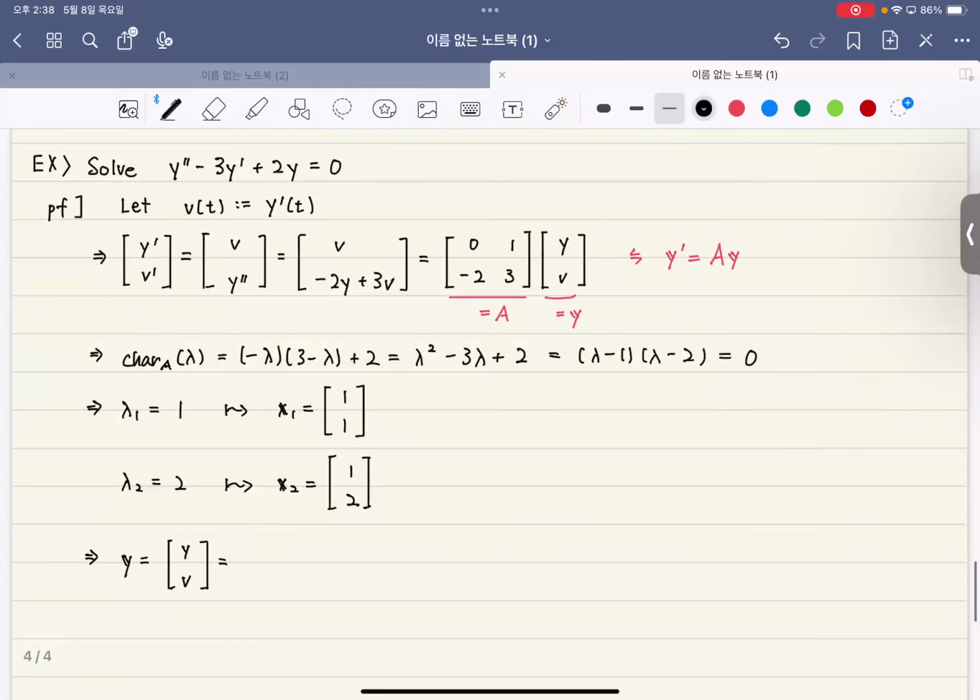So c1 times e to the t times lambda 1, which is 1, times eigenvector 1 and 1, plus c2 times e to the 2t, because the eigenvalue was 2, and everything times 1 and 2.